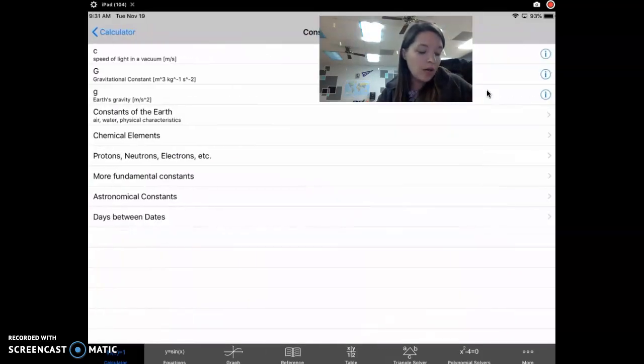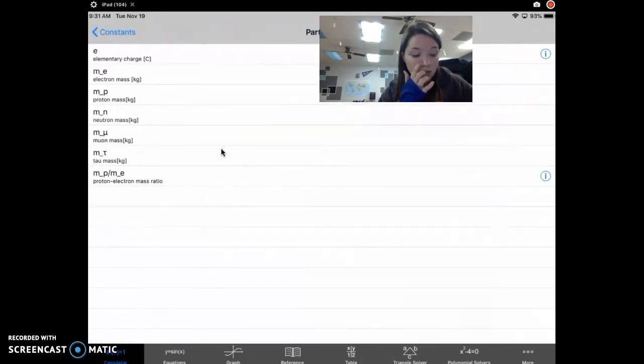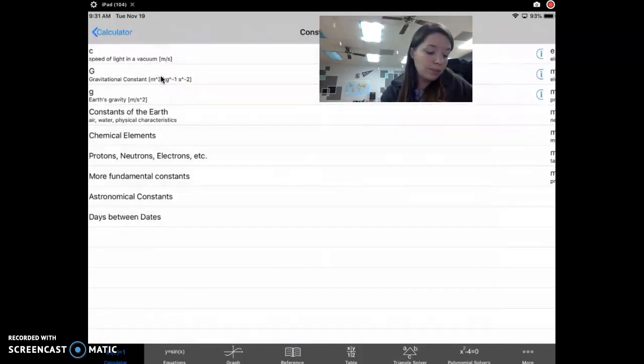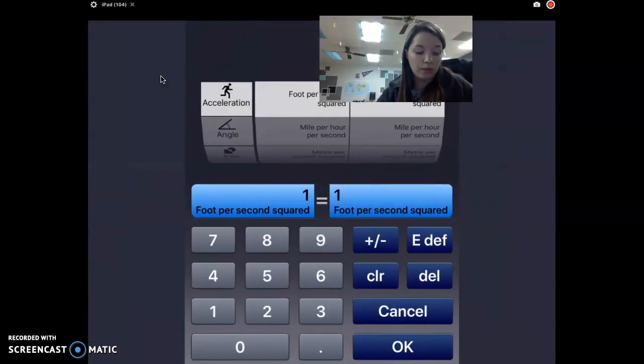So then you can go to the constants, and it'll give them different types of constant measurements. So it goes into science. So like let me get into the protons, neutrons, electrons. So it gives them an elementary charge, electron mass. So this is even good for science people. And then of course units, it goes into a unit conversion.